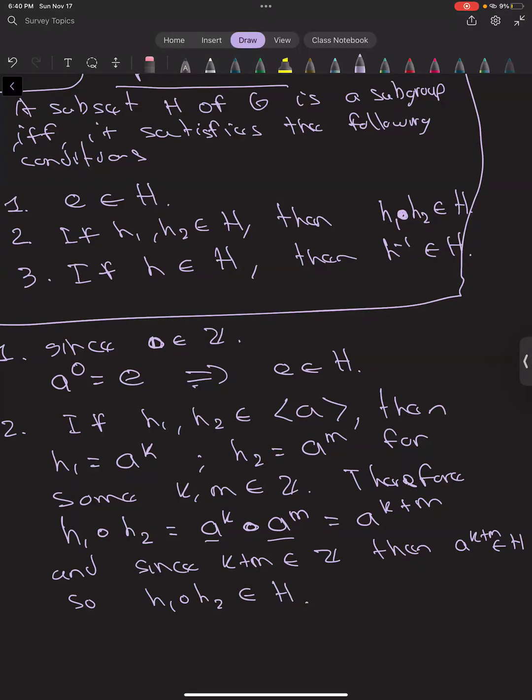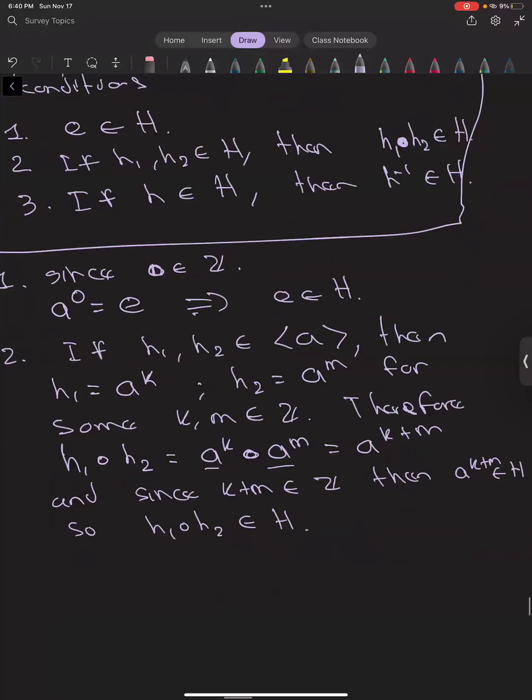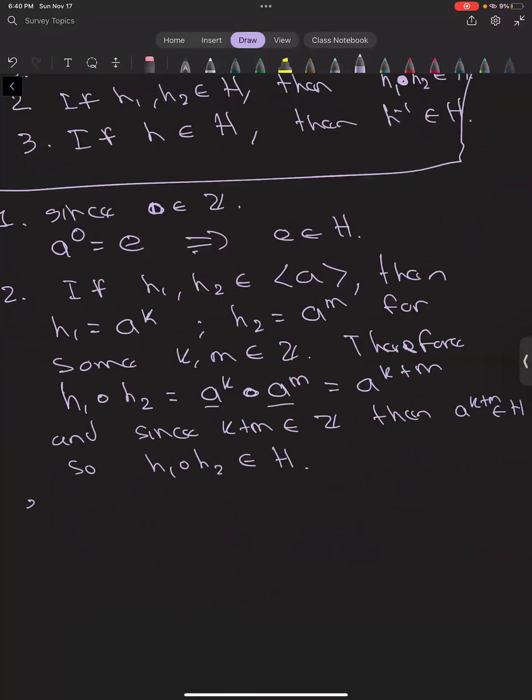Okay. Now for the inverse, choose any element of H. This is a to the n.